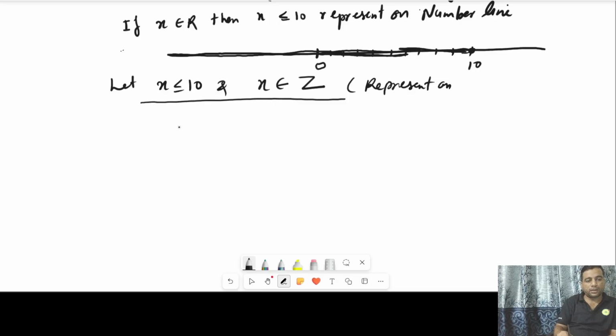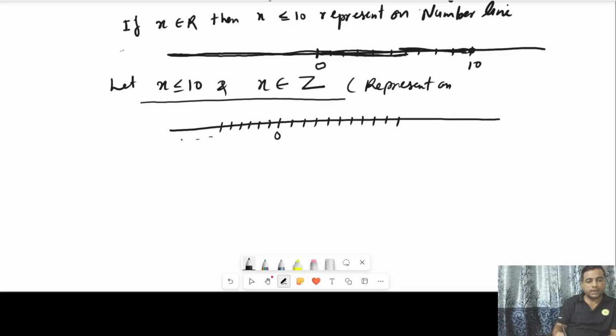So first we draw a number line. Let this be 0, then 1, 2, 3, 4, 5, 6, 7, 8, 9, 10, and on the other side minus 1, minus 2, minus 3, minus 4, minus 5, minus 6. So x is less than or equal to 10 and x is an integer.